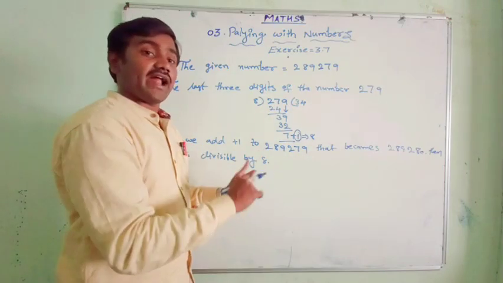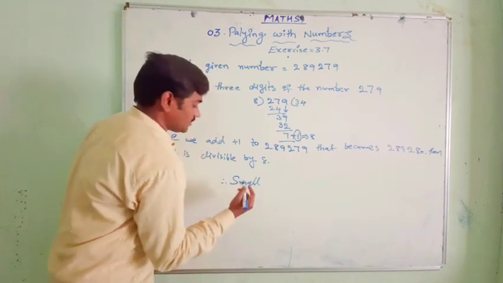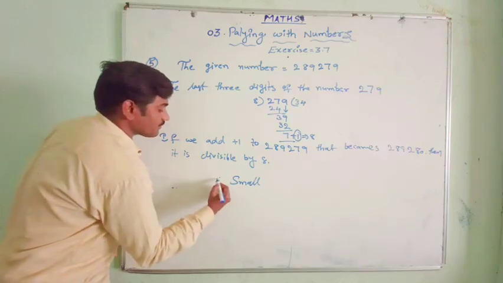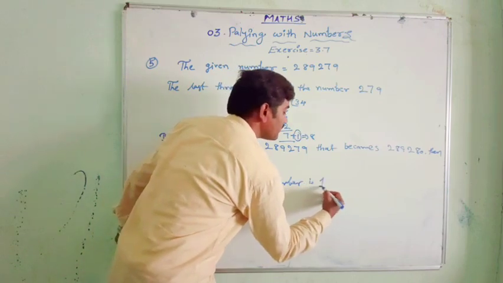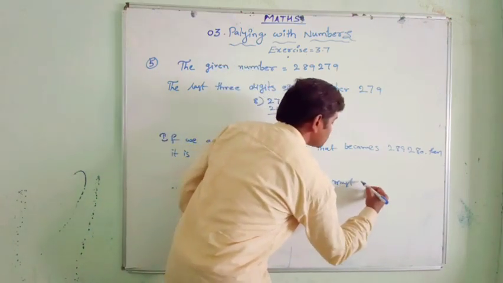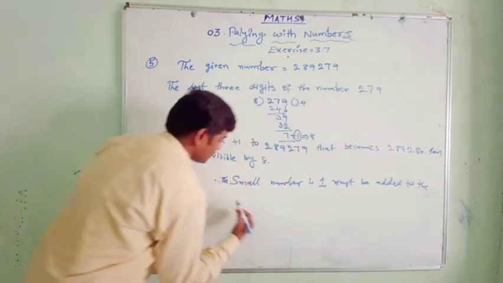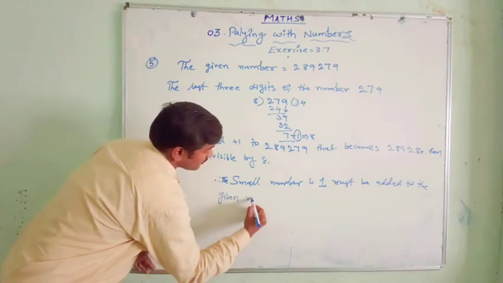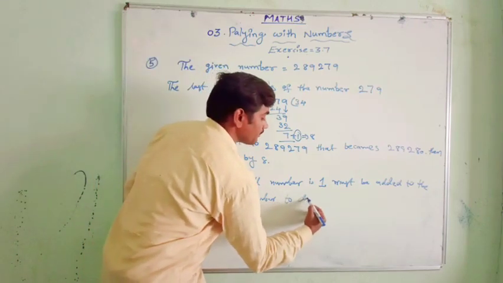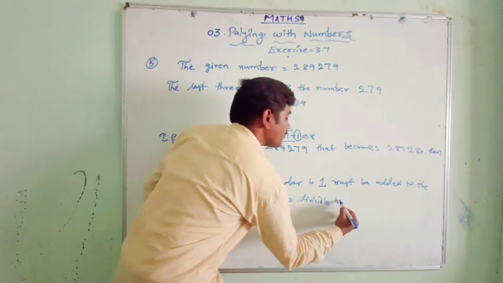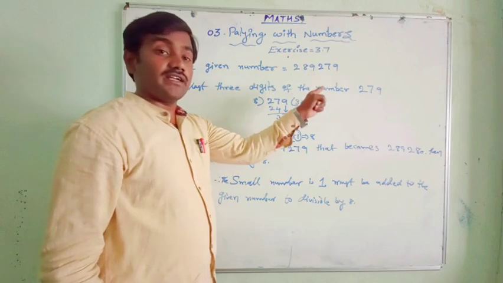So what is the smallest number we are adding here? Therefore the smallest number that must be added to the given number to be divisible by 8 is 1.